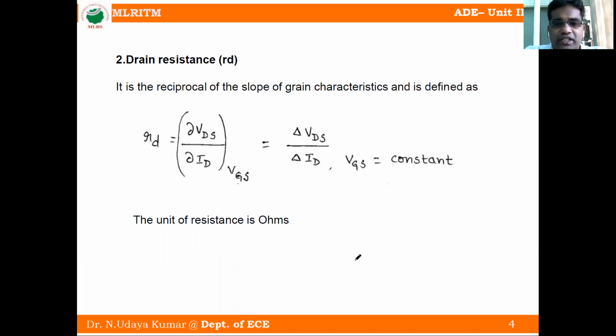That means a small change in VDS to the corresponding small change in ID whenever VGS is constant. So VGS is constant here. Okay, the unit of resistance is ohm.